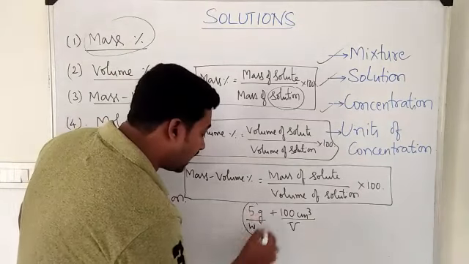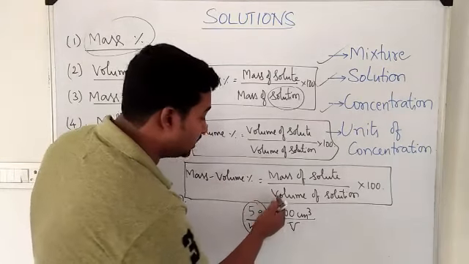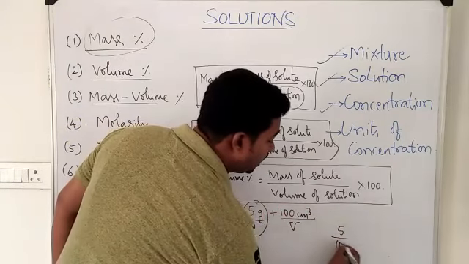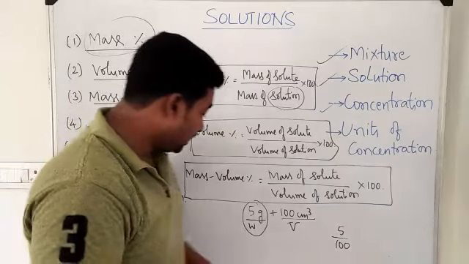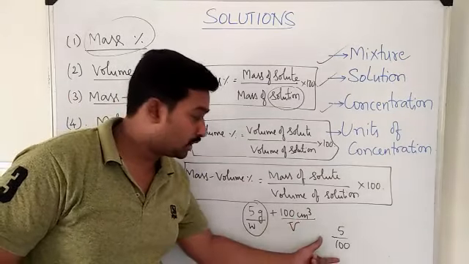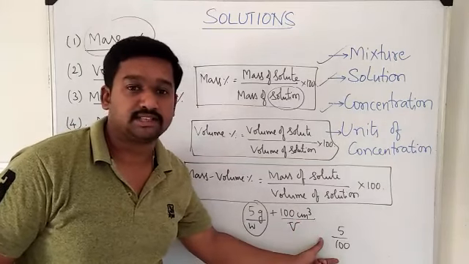Here you need not add 5 to 100 to consider the volume of solution. It will remain as 5 divided by 100 only, because 100 is volume. Do not add mass to volume to calculate the mass volume percentage.